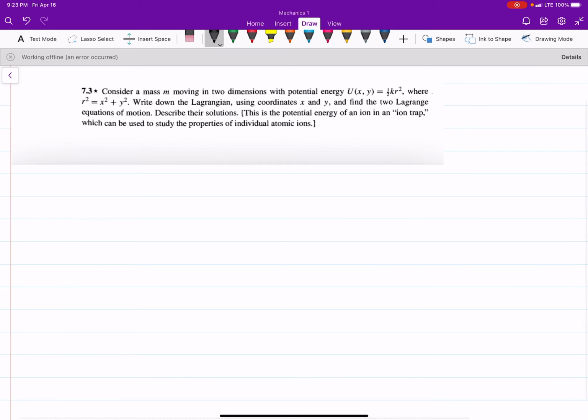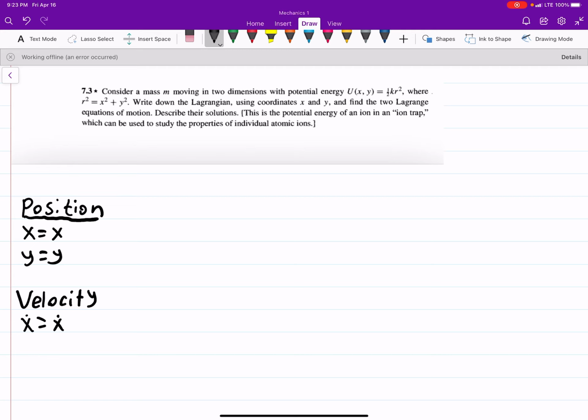But actually, let's go through and solve the problem. So the positions, we'll say x is equal to x, y is equal to y. They want the Lagrangian using x and y coordinates. So we need the position first, and then we need the velocities, which is just the time derivative of position.